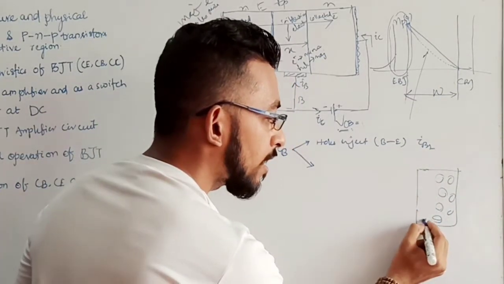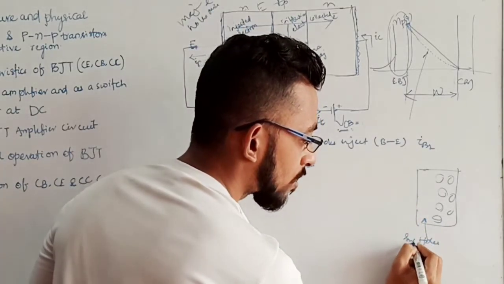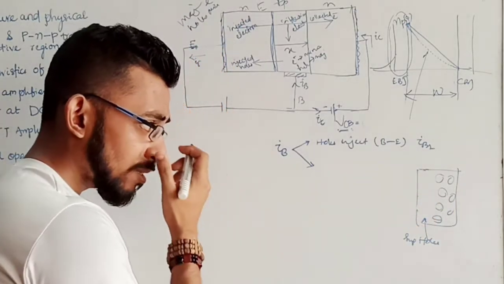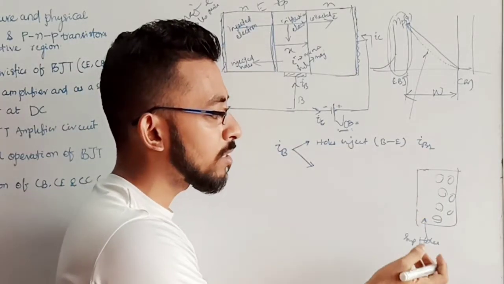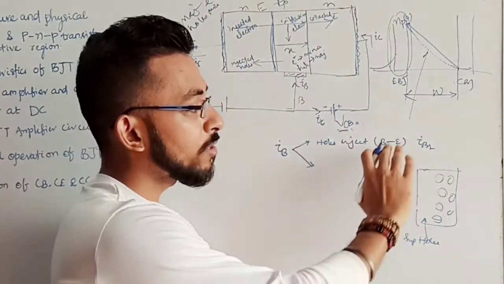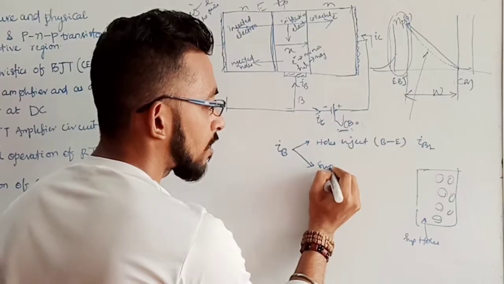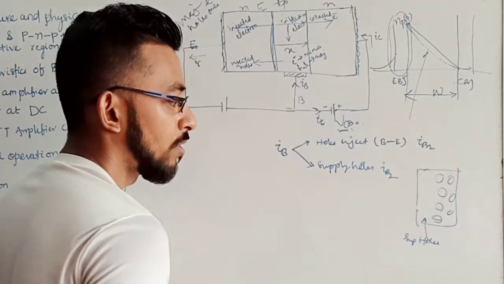So I have to inject holes, I have to supply holes to make this circuit balance. Because of recombination the number of holes decreases, and those holes should be supplied from the outside circuit, through this circuit, so that it will maintain equal charge. So that supplying of holes will give me a current IB2.